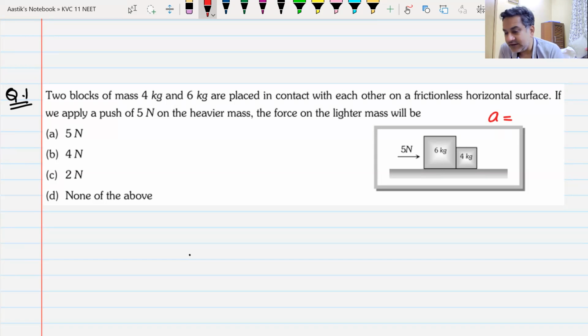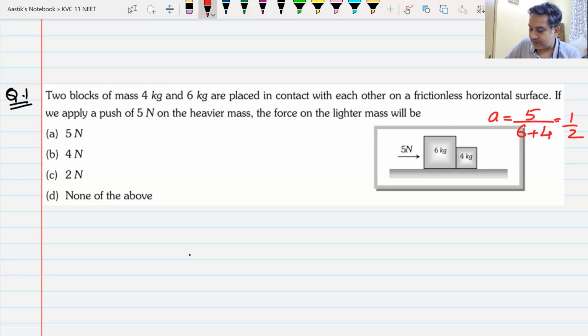What will be the acceleration of this system? 1/2. How did you get 1/2? Total force divided by total mass. You understand this? Yes. So it is half. Then you have to find the force on the lighter block.